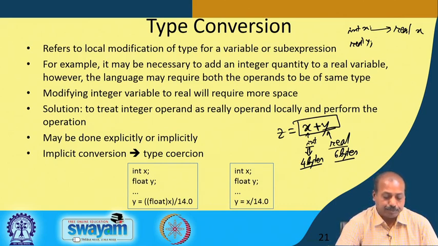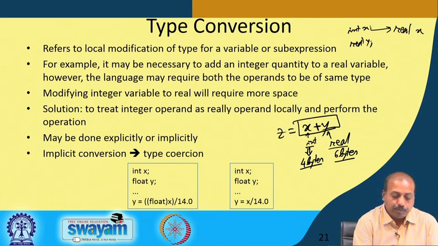If it is done implicitly, then this is known as type coercion. This is an explicit definition: y equal to x by y. Since x is an integer variable, we convert it locally to a float by doing a type casting.